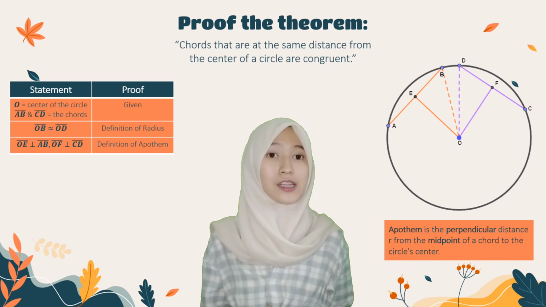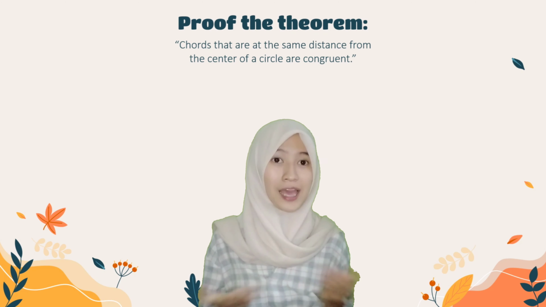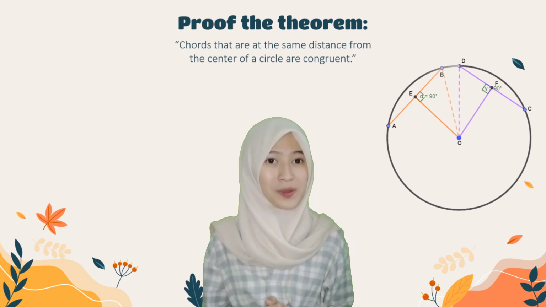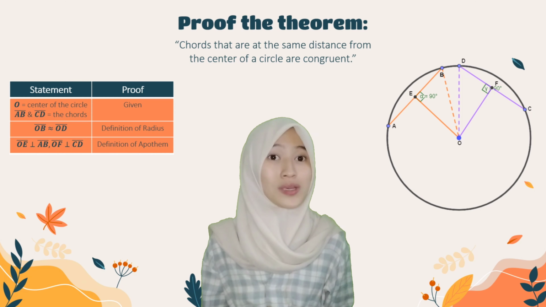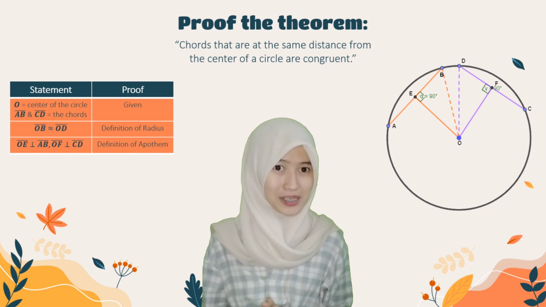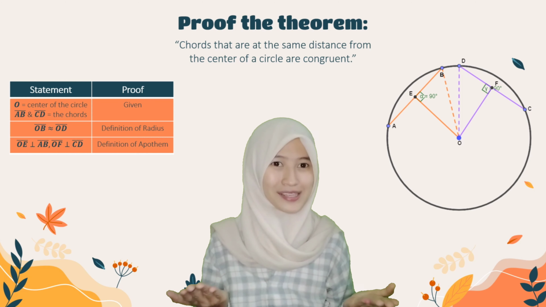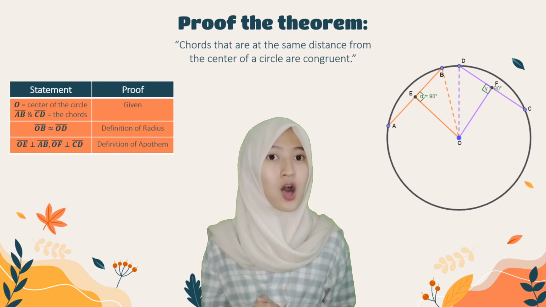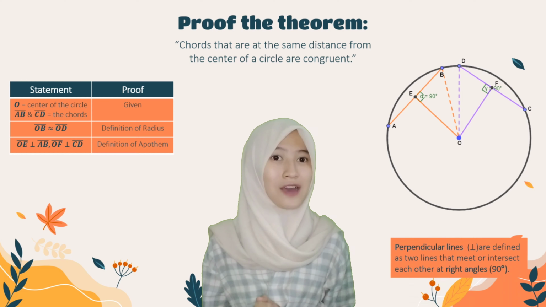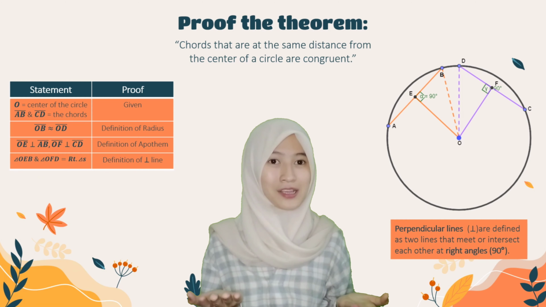After we know that line OE is perpendicular with line AB, also line OF is perpendicular with line CD, we know that angles OEB and OFD are 90 degrees, or right angles. Therefore, triangles OEB and OFD are right triangles.